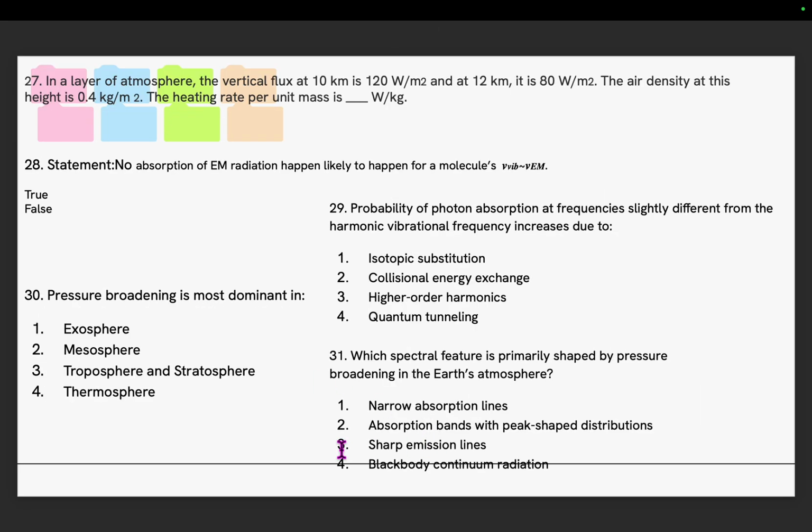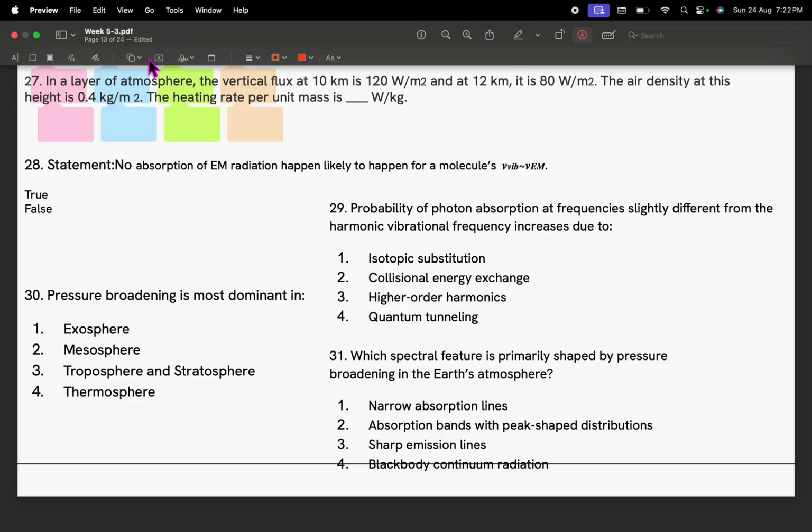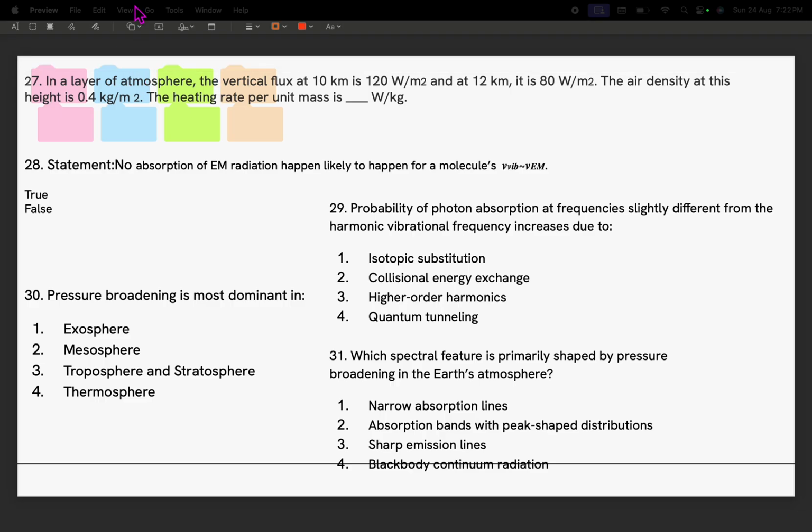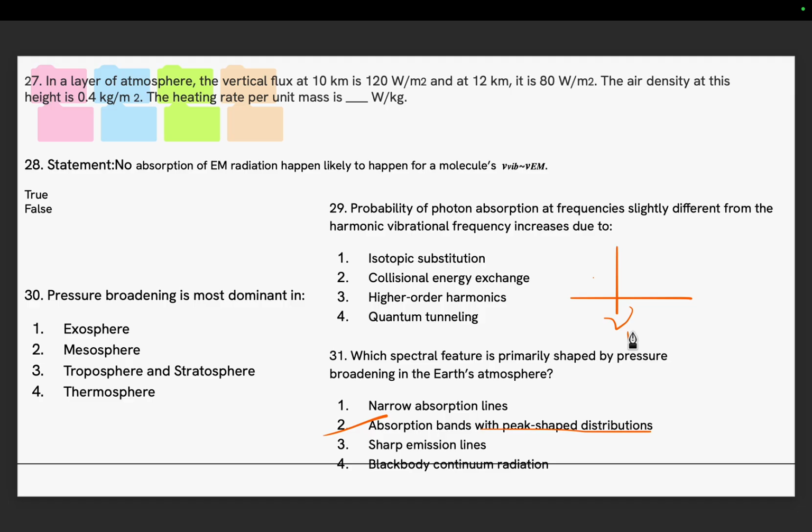So for question 31, pressure broadening shapes the absorption band with a peak-shaped distribution. Pictorially, you can view it like this: if this is a spectrum, the radiation flux versus frequency, this is the inherent distribution of the spectrum.